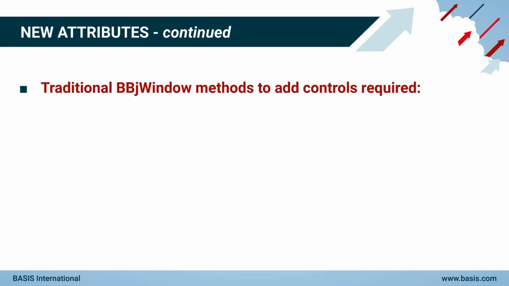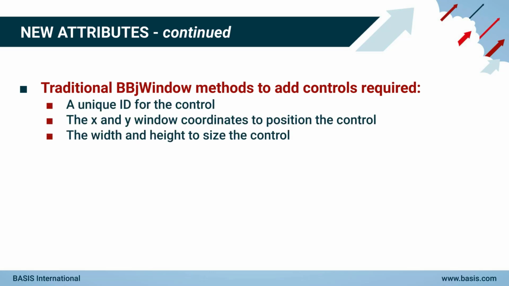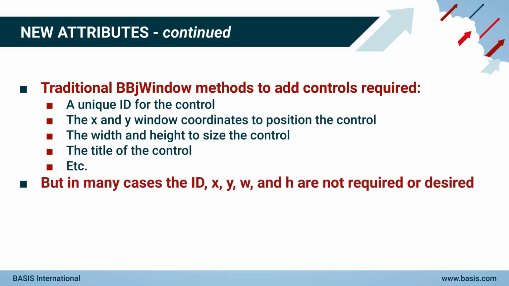For years, the BBj window methods that add controls have had signatures that take multiple arguments, including the control's unique ID, X, Y, width and height, title, flags, etc. But because the DWC can now support flow layouts, suddenly many of these parameters have become superfluous.